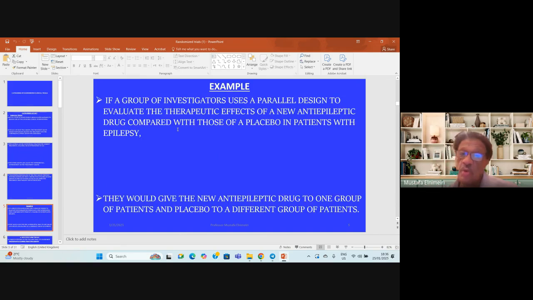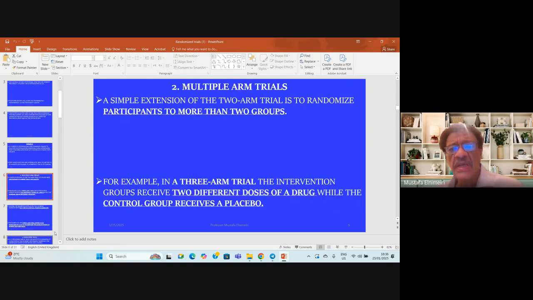For example, if a group of investigators uses a parallel design to evaluate the therapeutic effects of a new antiepileptic drug compared with those of a placebo in patients with epilepsy, they would give the new antiepileptic drug to one group of patients and placebo to a different group of patients. This is a parallel type.